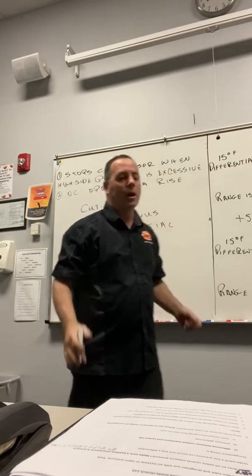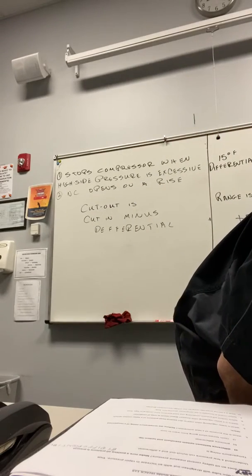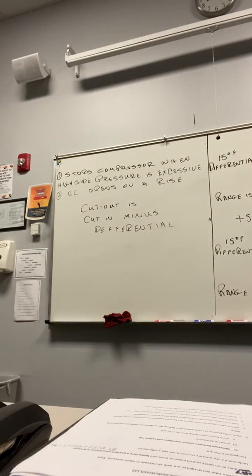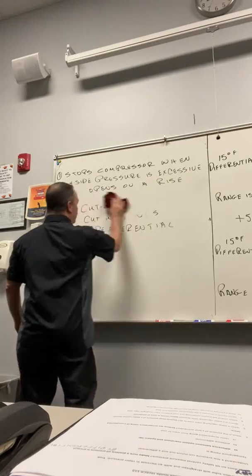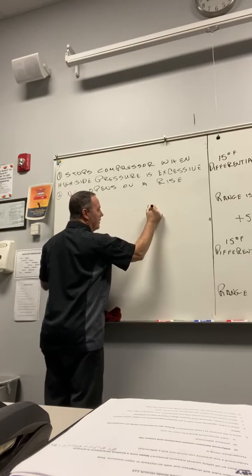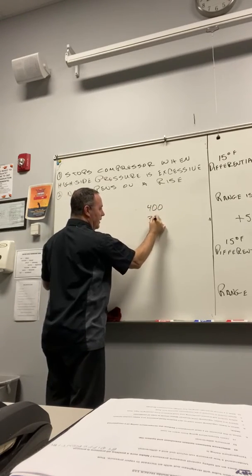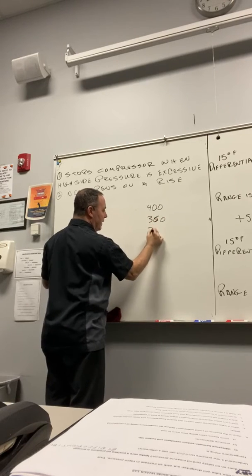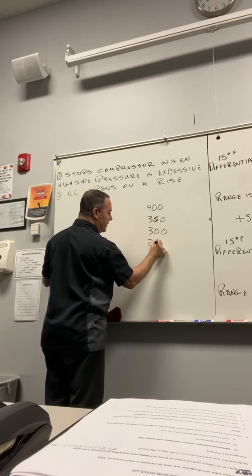The way this one works is, notice it can have different things written on it. So let's say you have a 400, we're going to go to low pressure in a minute, I want to do the high pressure first. So it may have 400, 350, 300, 250.